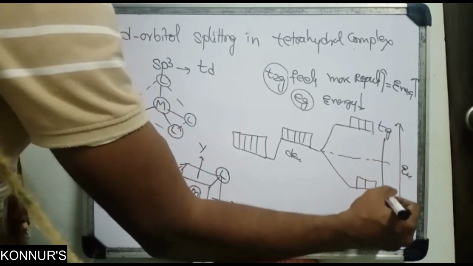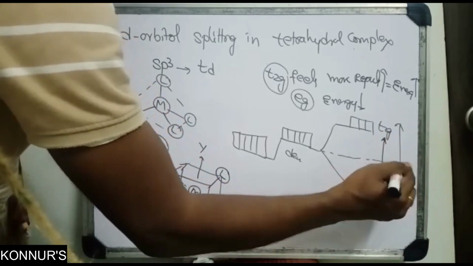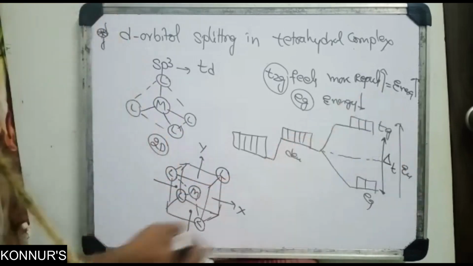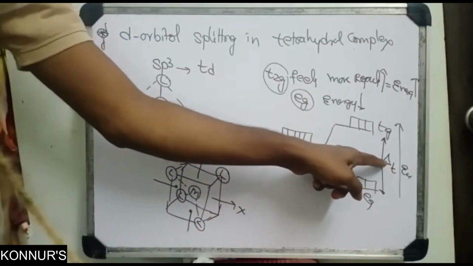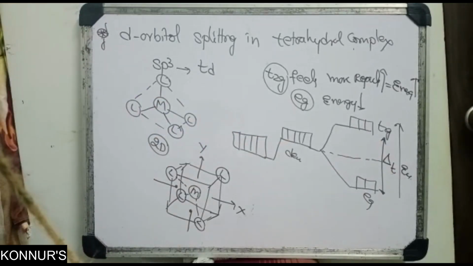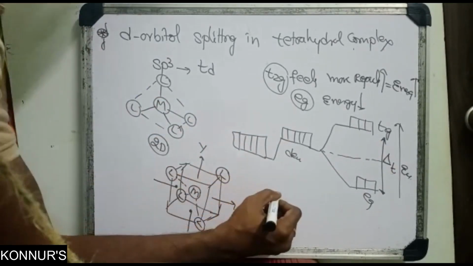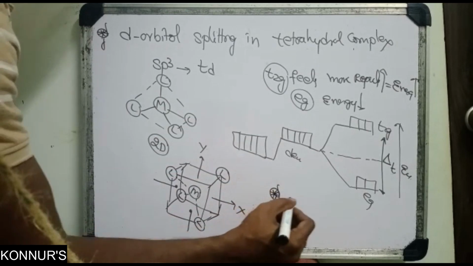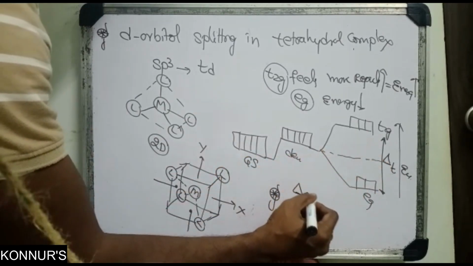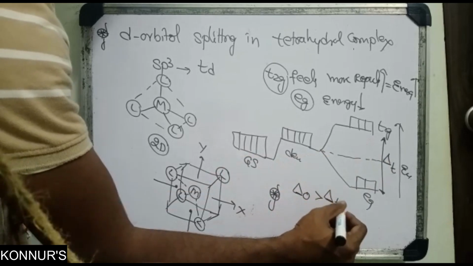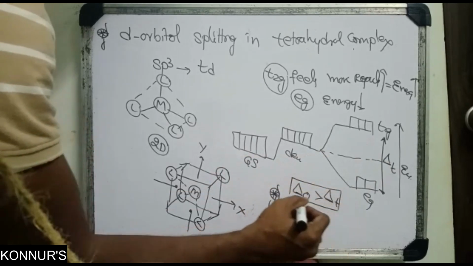See, next, the distance between this energy you can take as delta T. That is the energy splitting of the tetrahedral complex. O means octahedral. So the important point is here: delta O is greater than delta T. How much?